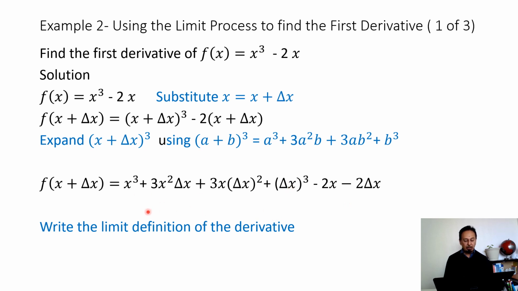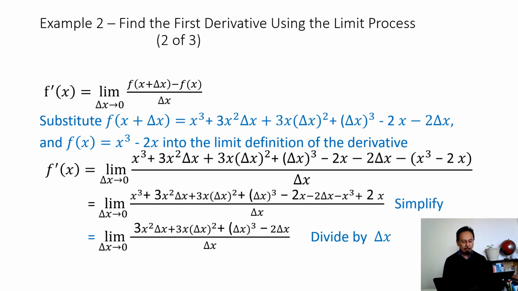So now we write the definition of the derivative. We have f prime of x equal to the limit as delta x approaches 0 of f of x plus delta x minus f of x, over delta x. So now we substitute f of x plus delta x equal to x cubed plus 3x squared delta x plus 3x delta x squared plus delta x cubed minus 2x minus 2 delta x.